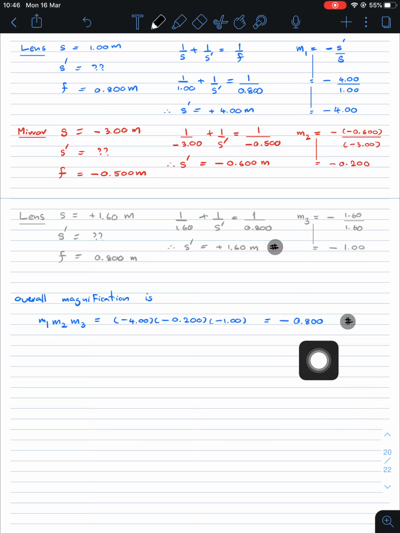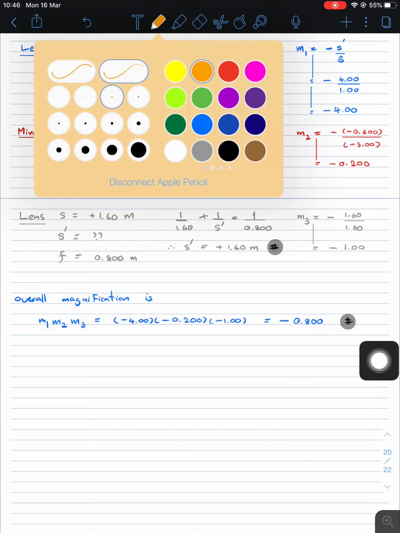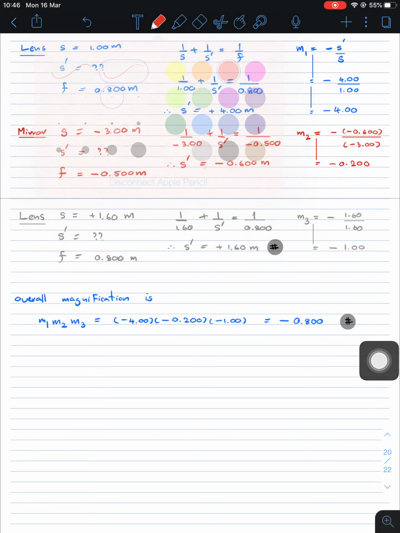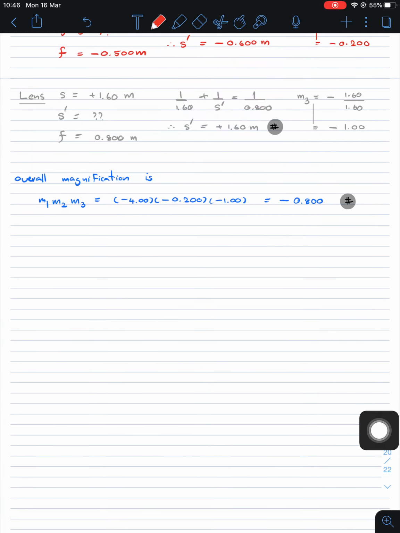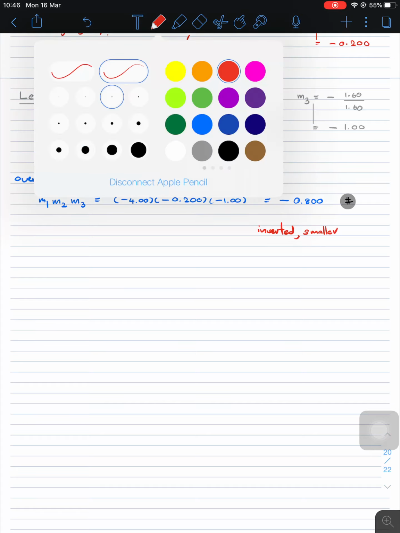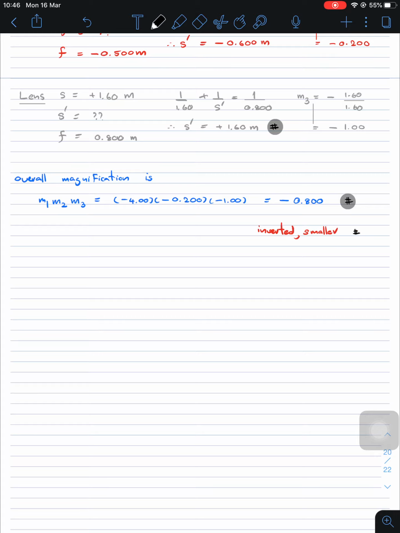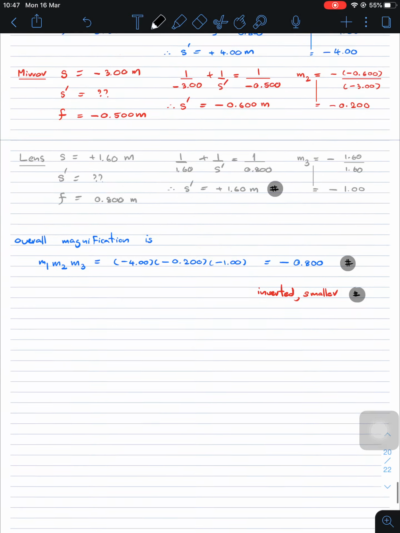We have this negative sign, which means that the final image is going to be inverted and smaller in size.